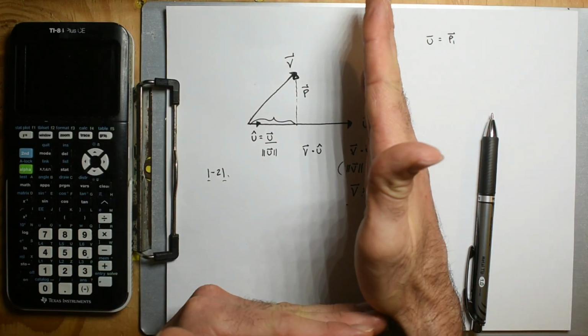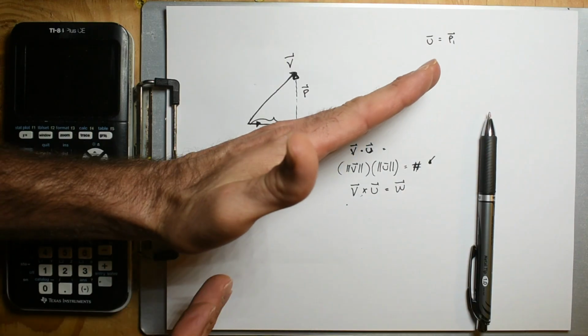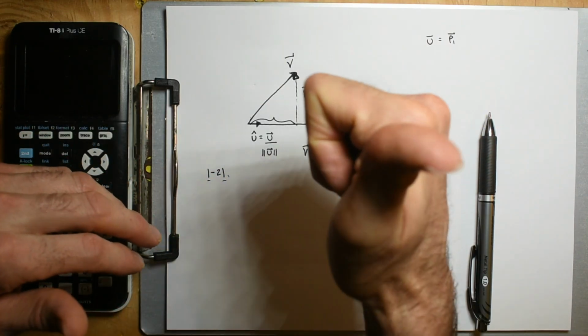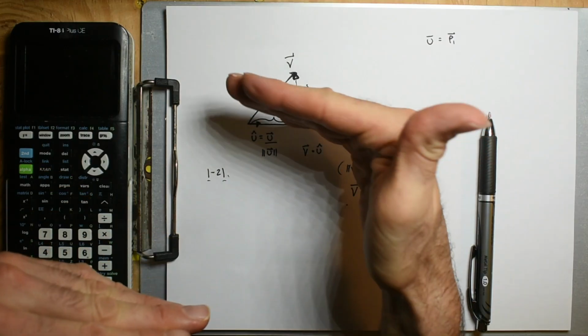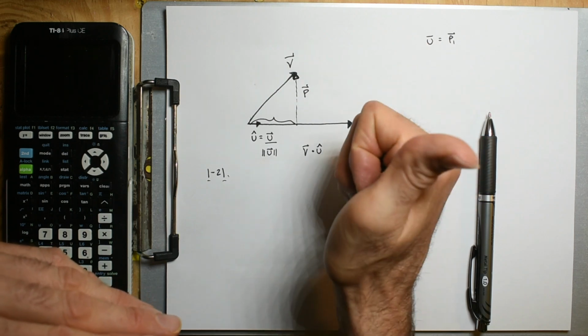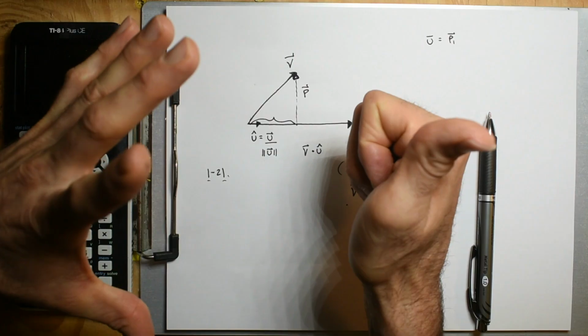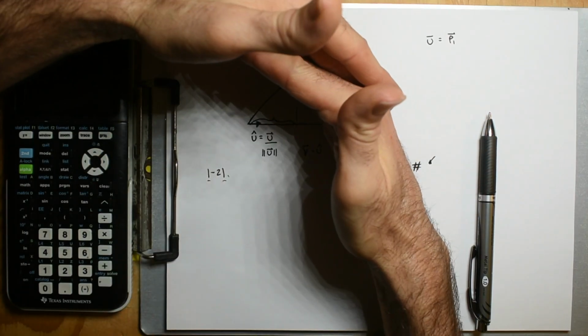For the cross product, if the two vectors are perpendicular, you take the first crossed with the second, using the right-hand rule, and you get a third vector. That third vector's magnitude is the magnitude of this multiplied by that.